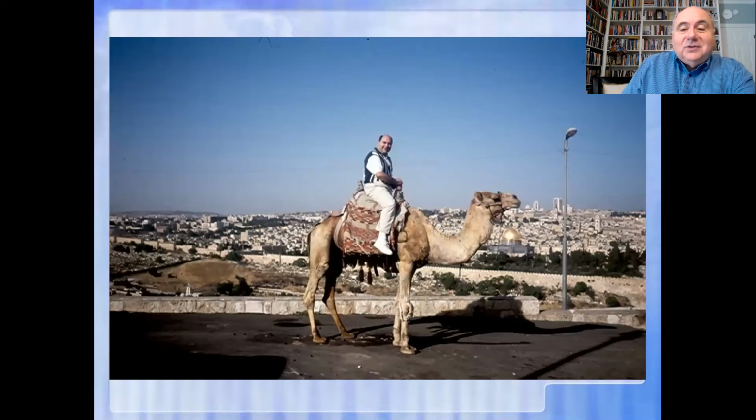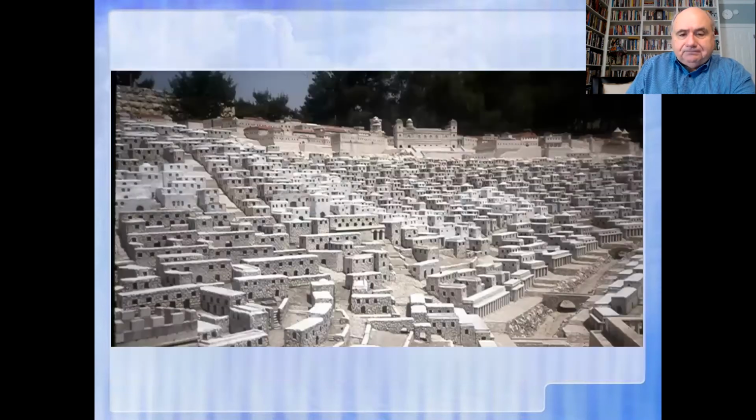Of course, this isn't the way you get around, but for picture purposes, again, you can see better that we're in a hill country. You can see we're up, and you can see under the camel's neck, there's the Dome of the Rock. So you can imagine as a pilgrim coming to Jerusalem that the temple is standing there, and the temple is glistening, and it captures your eye. And this is the place where God lives.